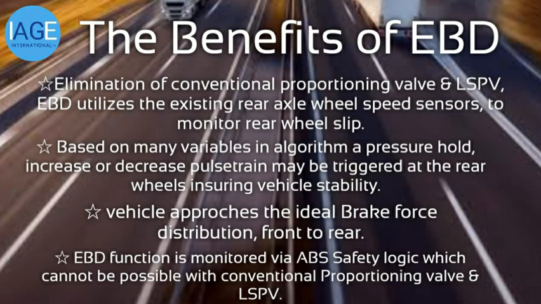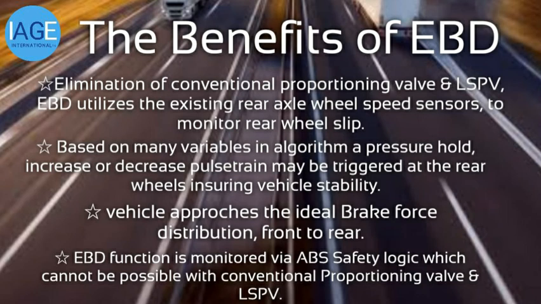The benefits of EBD: first, elimination of the conventional proportioning valve and LSPV. EBD utilizes the existing rear axle wheel speed sensor to monitor rear wheel speed and slip rate.